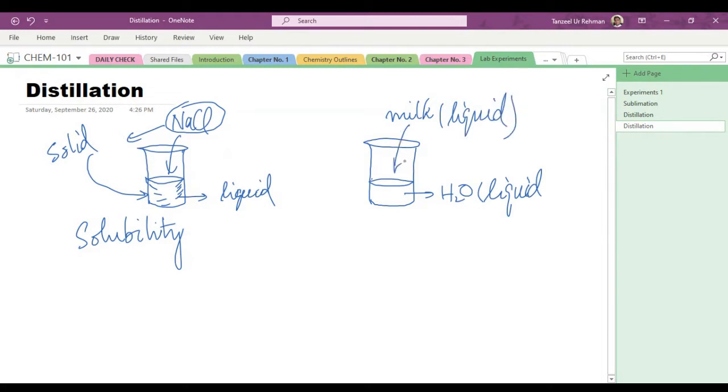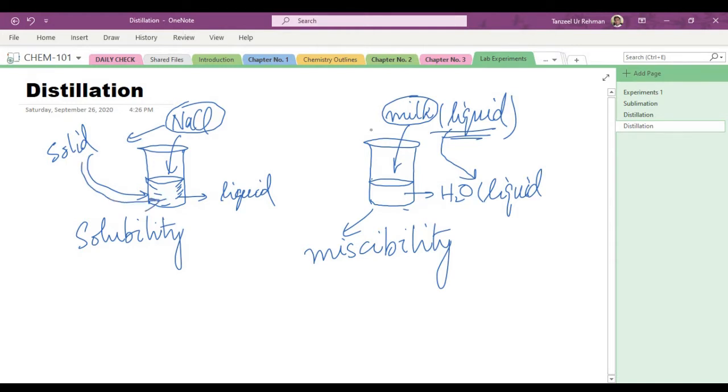Now milk is soluble in water, but distribution of this milk in liquid state in water, distribution of liquid in liquid is known as miscibility. So this is the basic difference between solubility and miscibility. Solubility is when solid is dissolved in liquid, and miscibility is when liquid is dissolved in liquid.